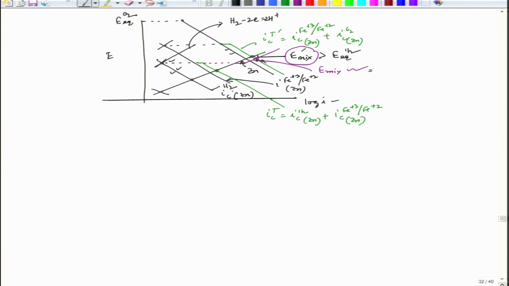So, at this point I will actually meet the mixed potential concept, which is summation of IC equal to summation of IA, which is nothing but IC hydrogen on Fe+3 to Fe+2 on zinc plus IC oxygen reduction on zinc surface equal to IA of zinc over zinc surface plus IA of hydrogen to 2H+.